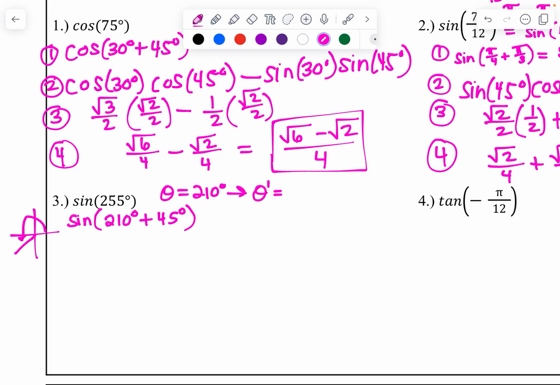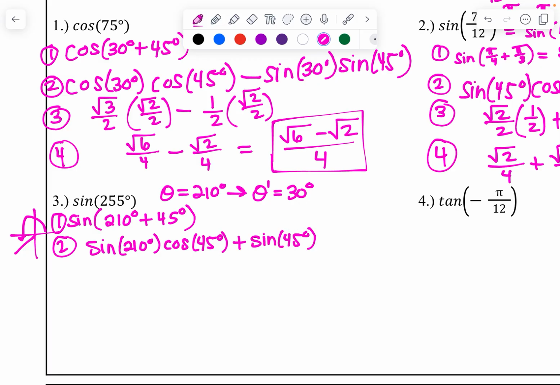Theta prime will be 30 degrees. So we will do the sine of 210 degrees times the cosine of 45 degrees plus the sine of 45 degrees times the cosine of 210 degrees.